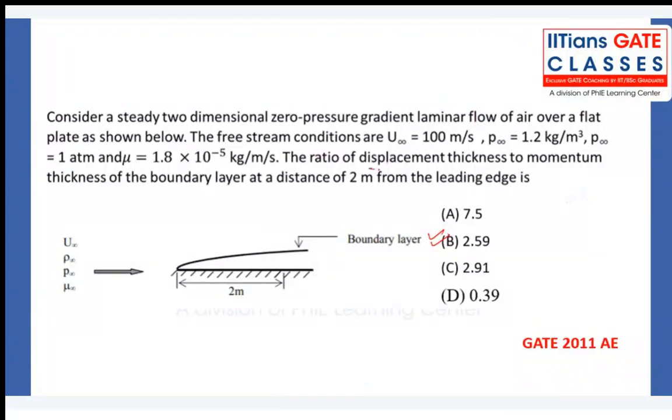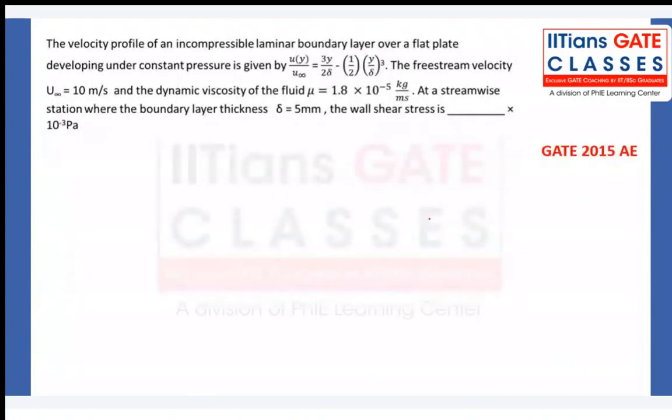Ratio of displacement thickness to momentum thickness, they are asking the shape factor. Try to solve this question. Here, the velocity profile is given as 3 by 2 times y by delta minus 1 by 2 times y by delta whole cube. Now they have given the velocity profile, so we have to be very careful.